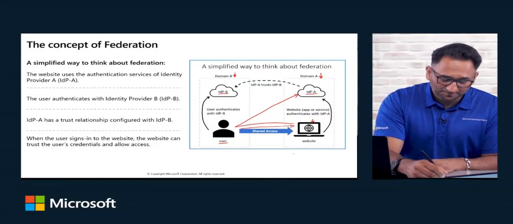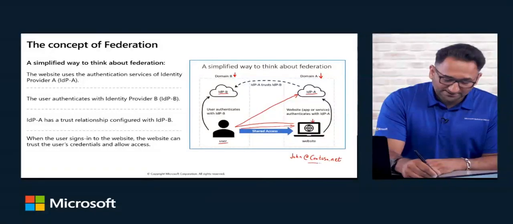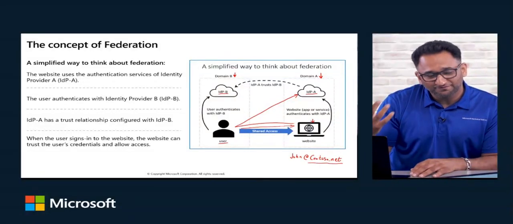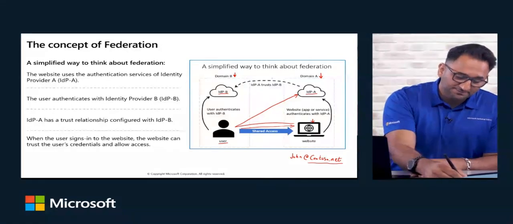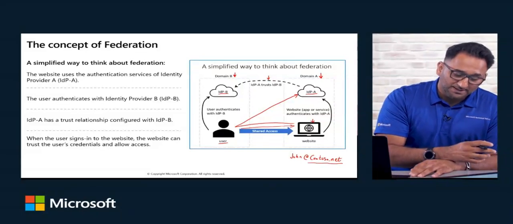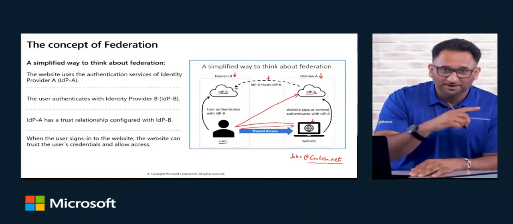What it can do is look at information like the user details that you provide to authenticate. In this case, let's assume we have John at contoso.net. Identity provider A can look at details like contoso.net and see if it understands or can find that service. Now, in this particular example, we have a trust relationship built between identity provider A and identity provider B. And again, it's important to understand that this trust relationship doesn't have to be bidirectional.